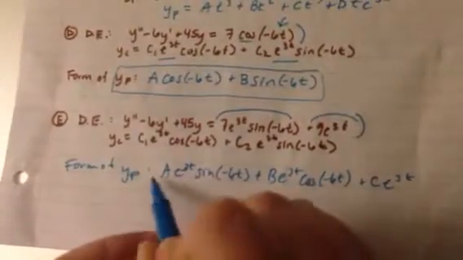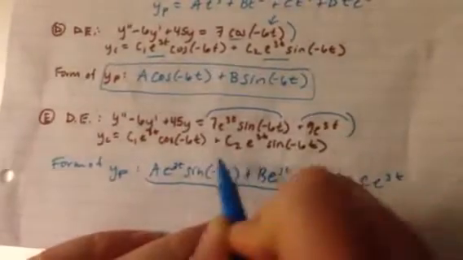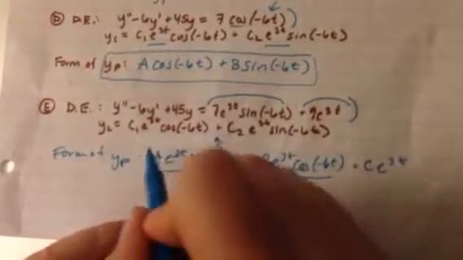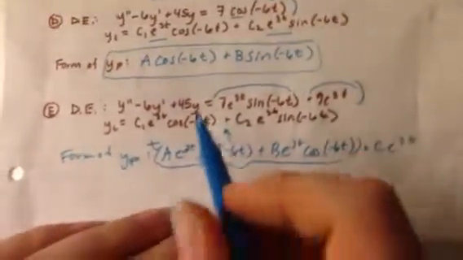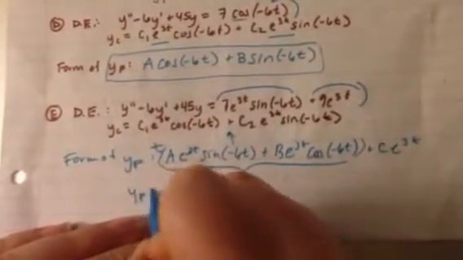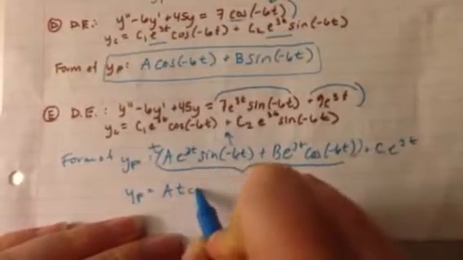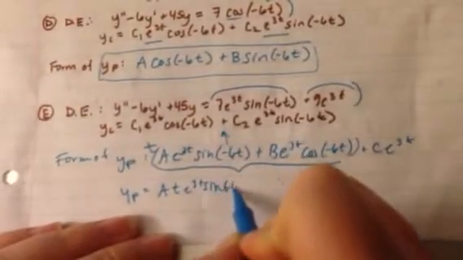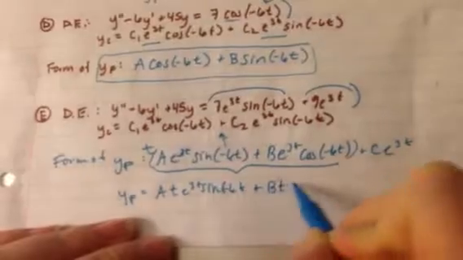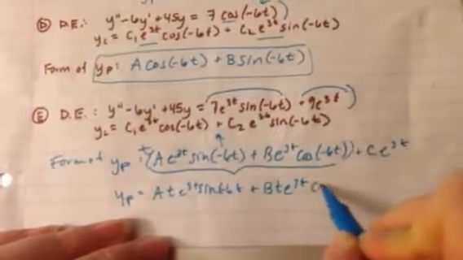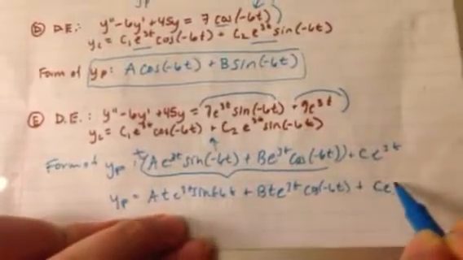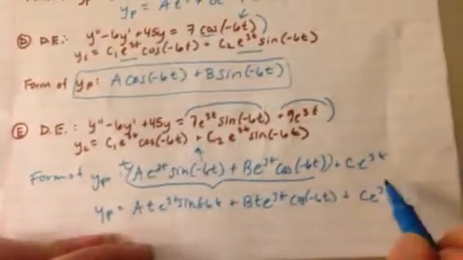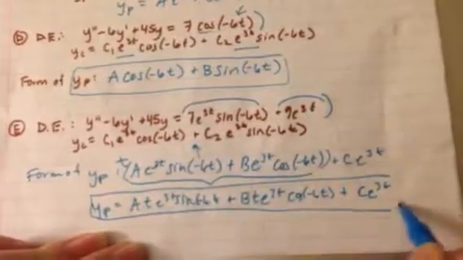And since both of these terms are already in our yc, we need to multiply those by t. And we're going to end up with our yp equals a t e to the 3t sine negative 6t plus b t e to the 3t cosine negative 6t plus c e to the 3t. And that's what you get for your final answer.